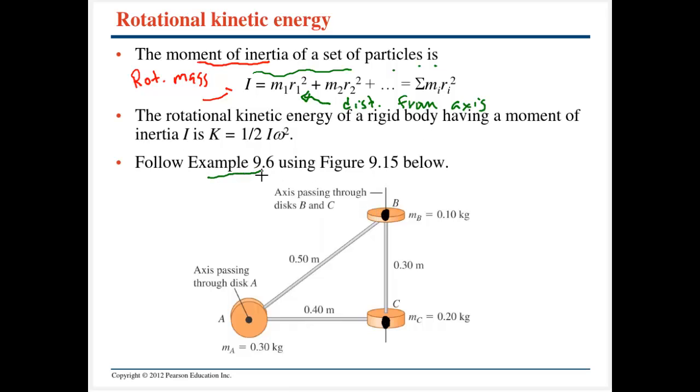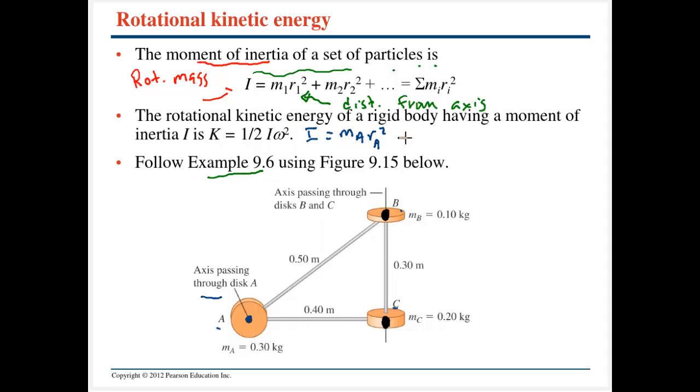Following example 9.6, we can go ahead and do a quick calculation of this. So we're going to say, okay, we have three particles here. We've got A, B, and C. They all have some masses that are associated with them. Let me choose my axis to be going through disk A, and I want to calculate what the moment of inertia is, how much this system is going to resist being rotated about A. So I'm going to say my moment of inertia is going to be the mass of A multiplied by the radius of A, the distance of A from the axis of rotation.